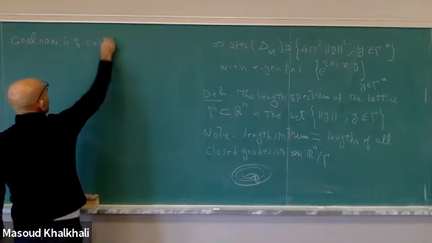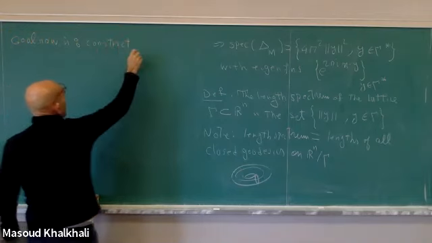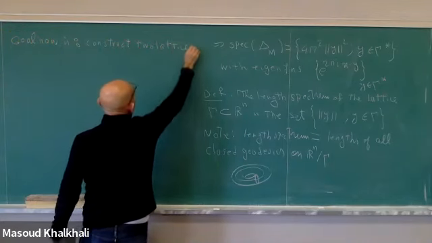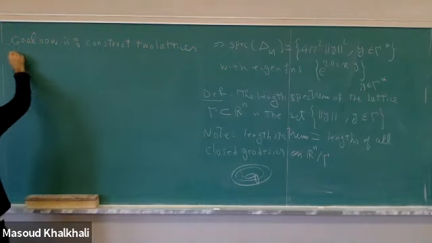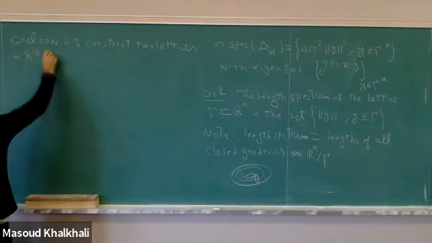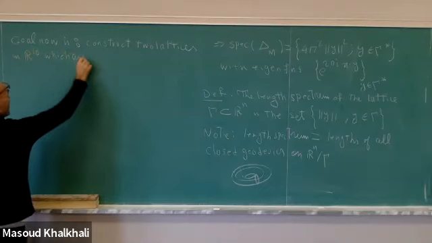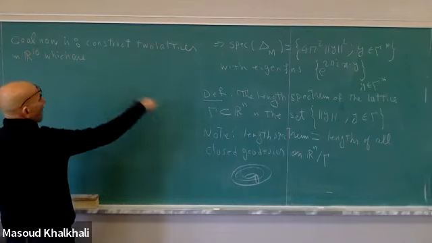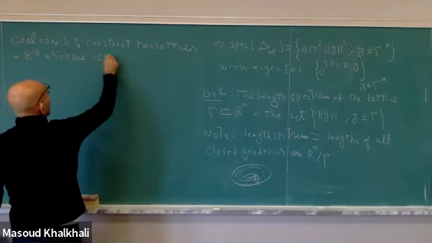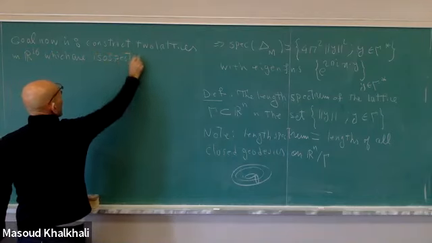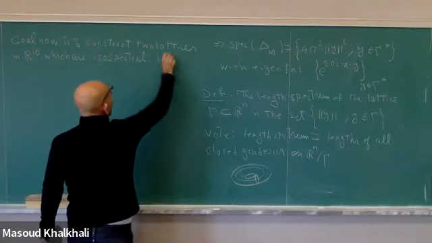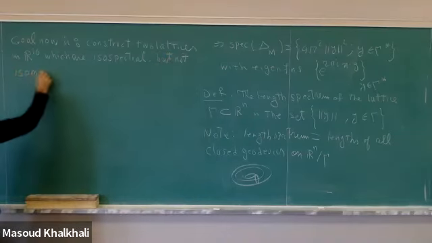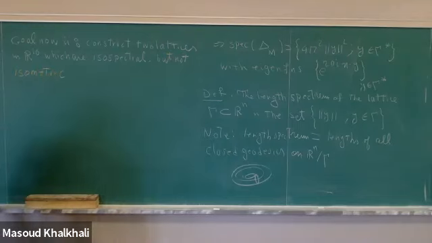Construct two lattices in R16, which are isospectral, but not isometric.